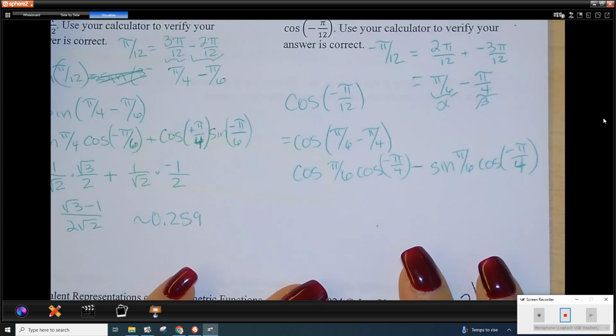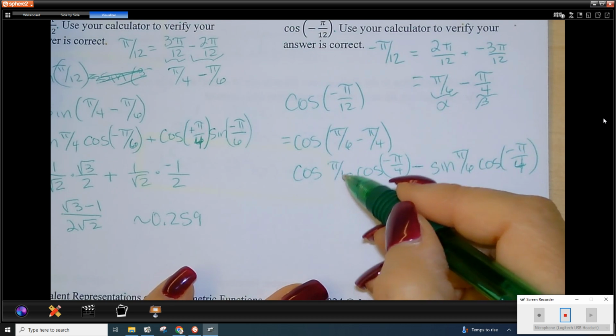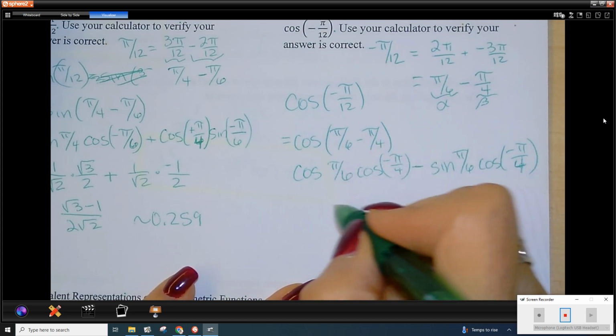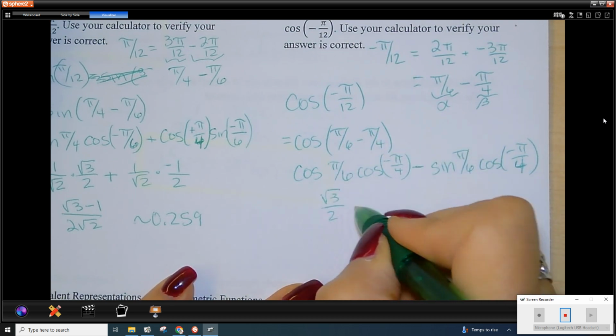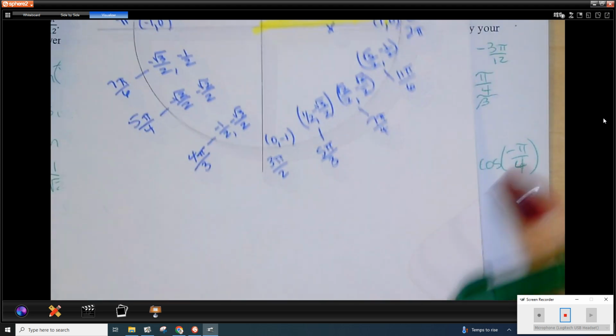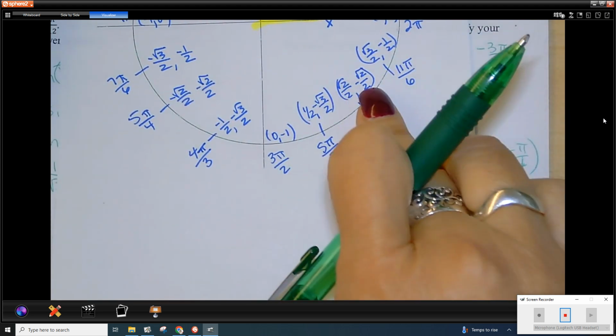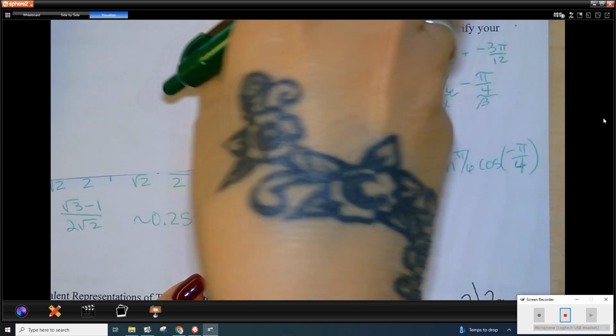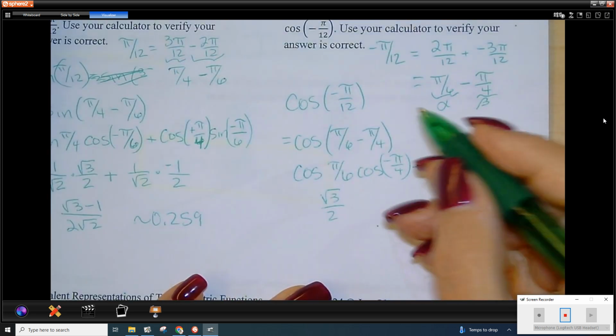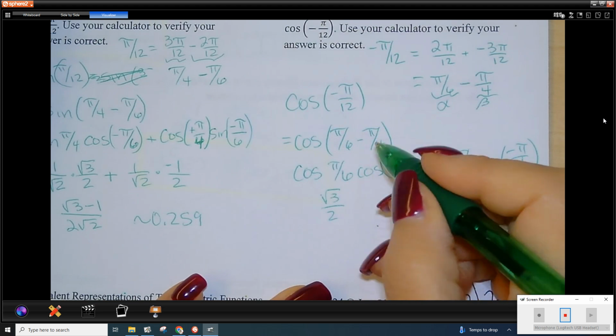So now cosine of pi over 6 is square root of 3 over 2. Again, we're going negative, so it's down here where x is positive and y is negative. So whenever we have sine, we have to do a negative, but cosine is positive.